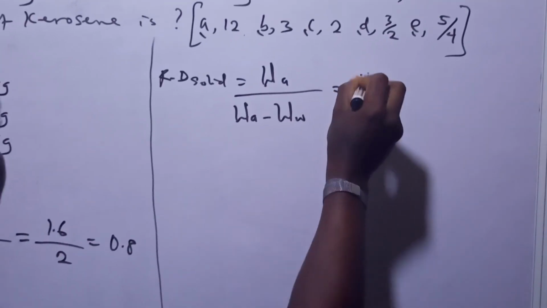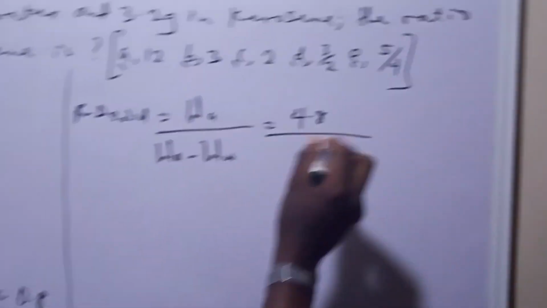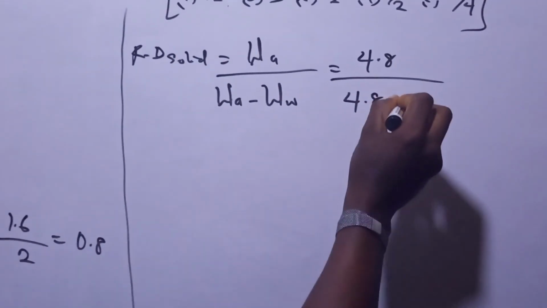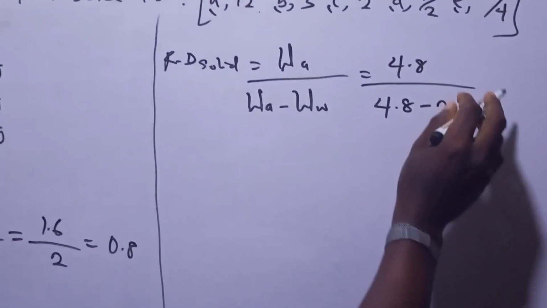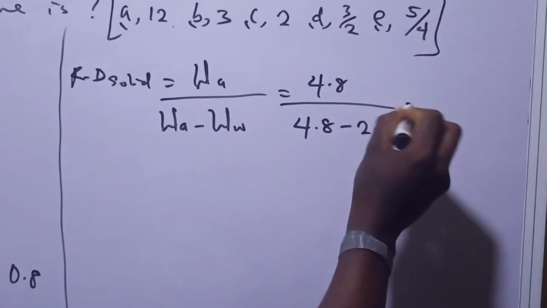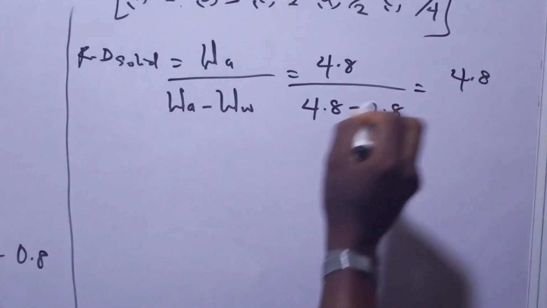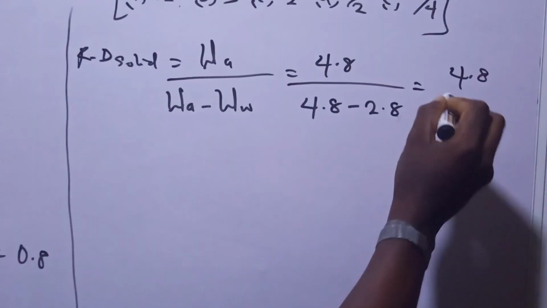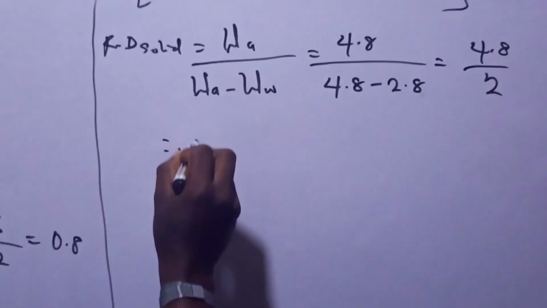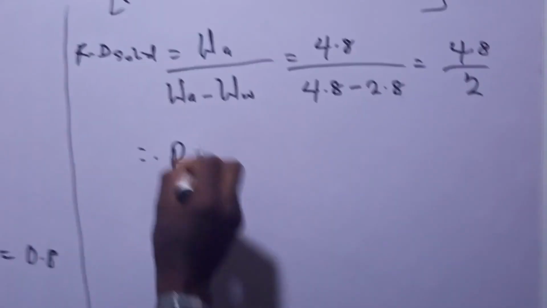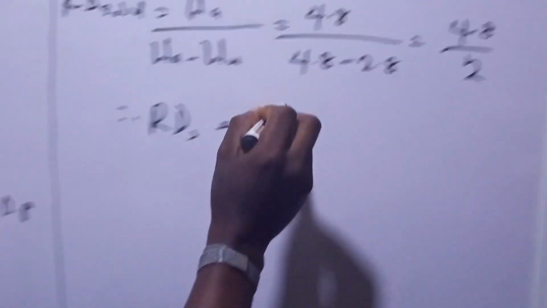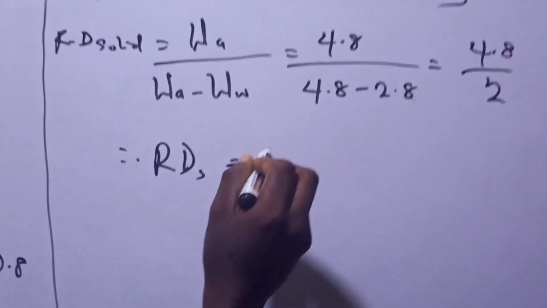Weight in air is 4.8 over 4.8 minus weight in water 2.8, which is 4.8 over 2.